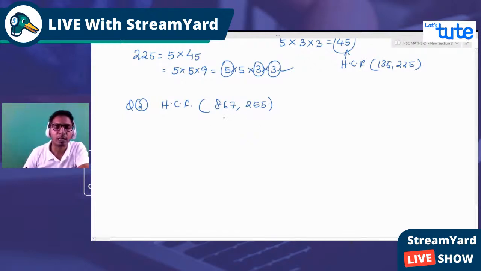Now this time let's go the other way. Let's find it by the basic method, and then we go for Euclid's lemma. 867 can be written as... we cannot get it by 2 anyway.